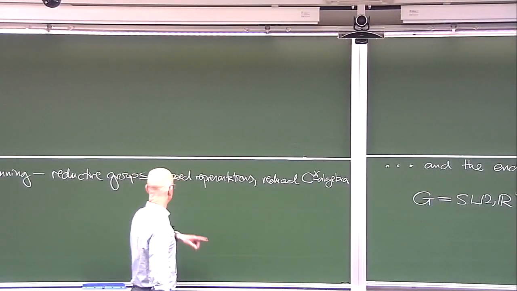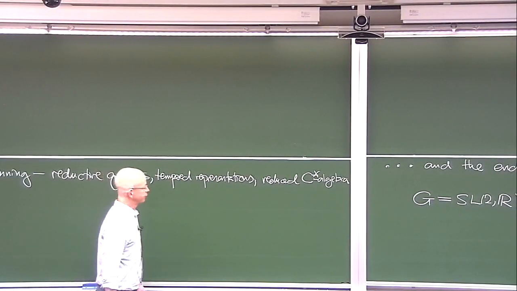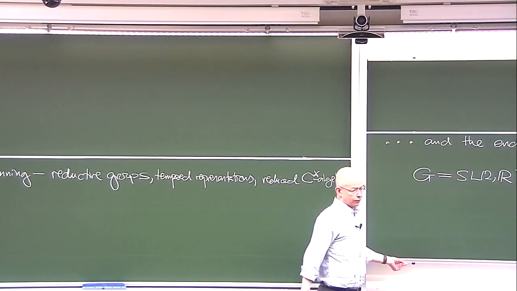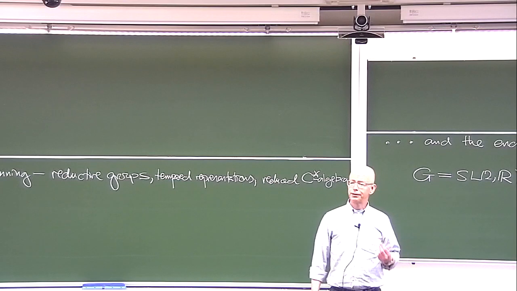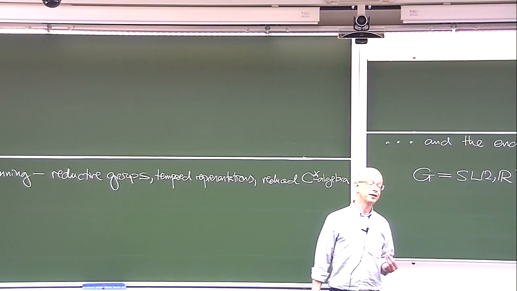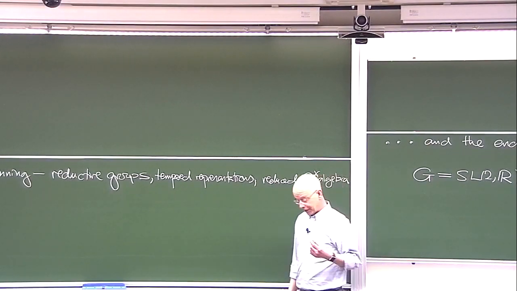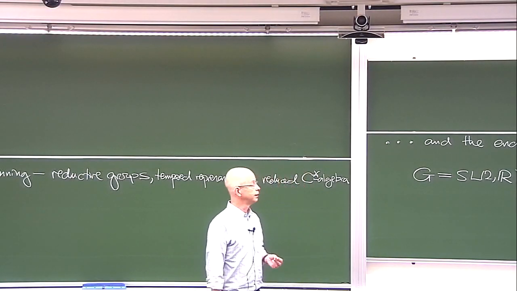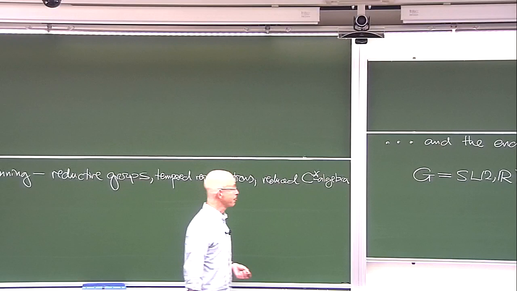This is an example of one of these groups, one of these reductive groups, real reductive groups. So we're trying to understand the representations of this group, the representation theory of this group, what are called tempered representations, which are the ones that Harish-Chandra studied in detail.